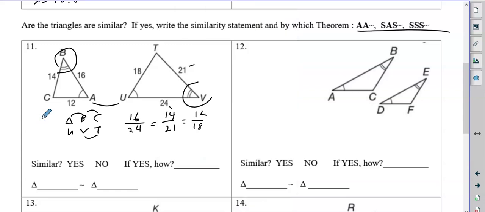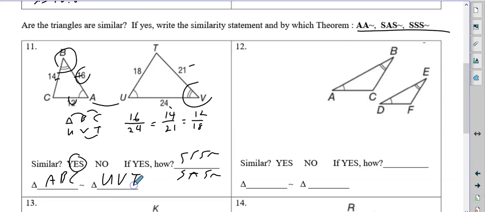So they are all equal. Okay? Now, because of that, I could say yes by side, side, side. I put it in the wrong place. Okay? But I also have side, angle, side. Around that angle and around this angle. So I actually have multiple ways of proving this. And I already have my ABC, UVT before I even got to my statement.